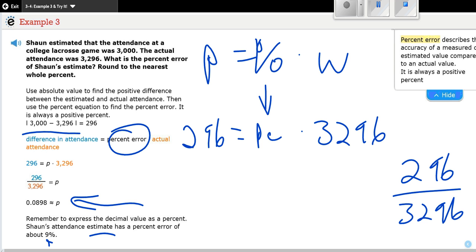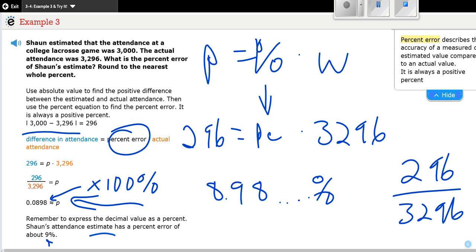Once we multiply this number by 100%, to turn it into a percentage, we get 89.8%, and so we just round up because it's an estimate, so it's about 9%. So we're looking at that concept there.